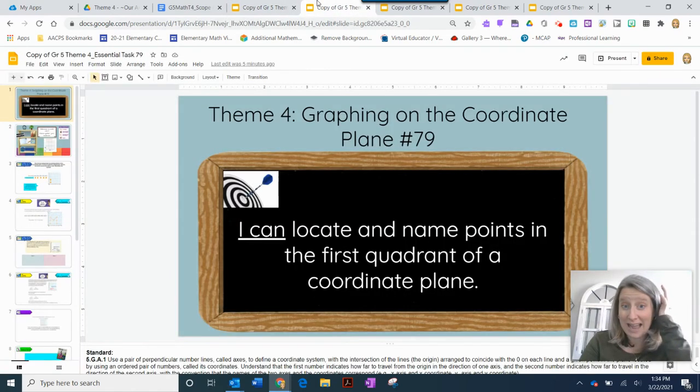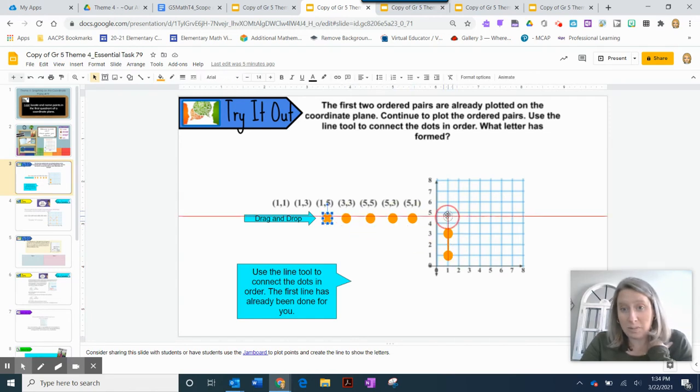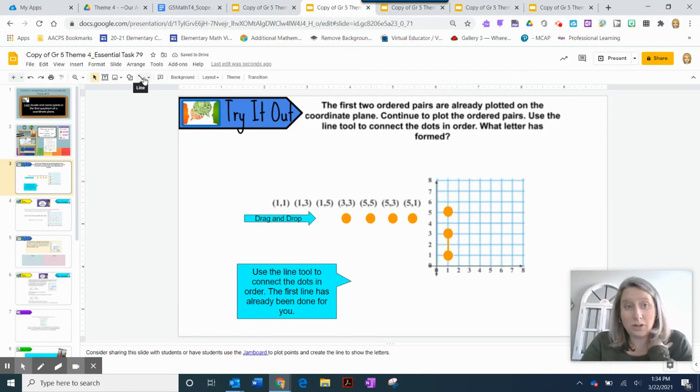Our next essential task, once again, we're really just locating and naming points. They're plotting these points; the first two are done, and they can continue to plot these. There's a couple options here. They can use the line tool to connect the dots.